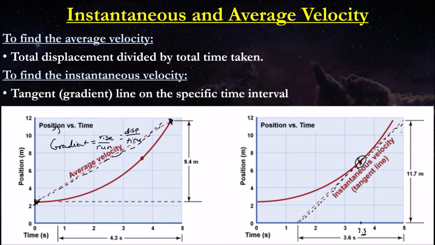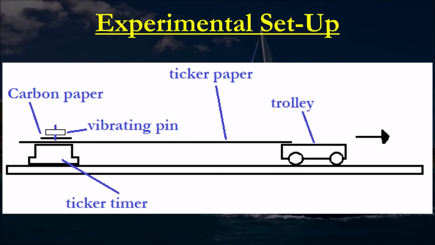Once you've done that, you're going to try and find the rise, and you're also going to try and find the run of this chart here. Again, rise over run will give you velocity on a displacement time graph, and so that's how you find instantaneous velocity in this prac.